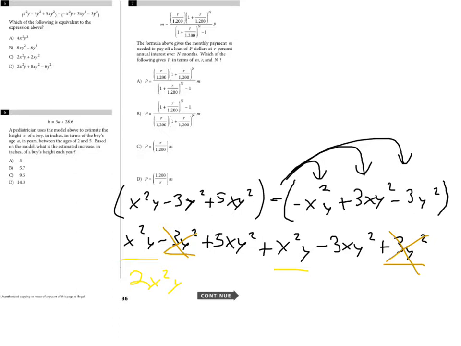And then finally, we have a positive 5xy squared here and a negative 3xy squared here. So don't let those xy squareds freak you out. Treat them just as variables. 5 minus 3 is 2. Just tack on your extra stuff. Which just leaves us with the answer choice of C.